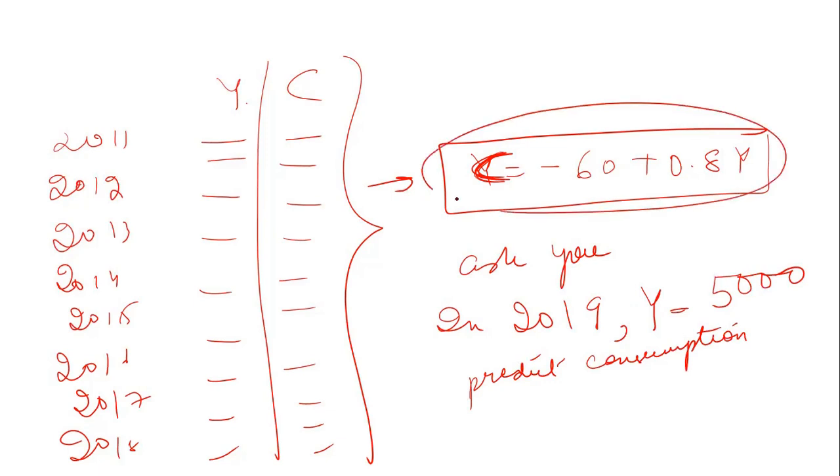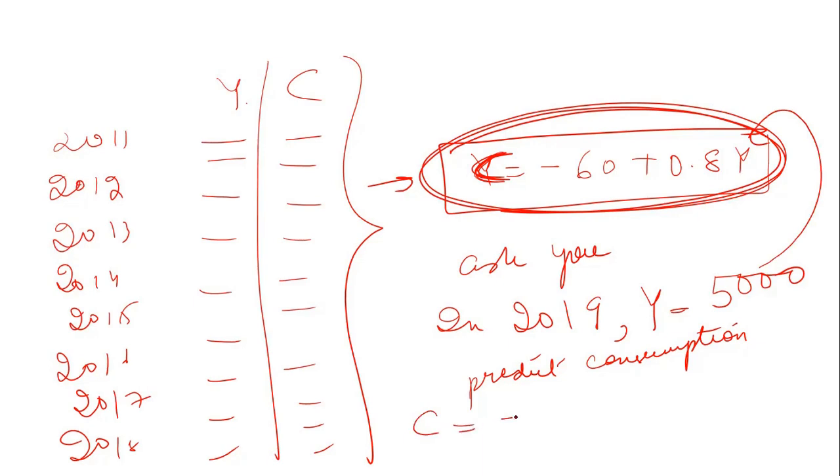You just found out this relationship. You're going to predict that consumption for me. You put this y back here. So you get my consumption as minus 60 plus 0.8 into 5,000. This is going to be minus 60 plus 4,000.